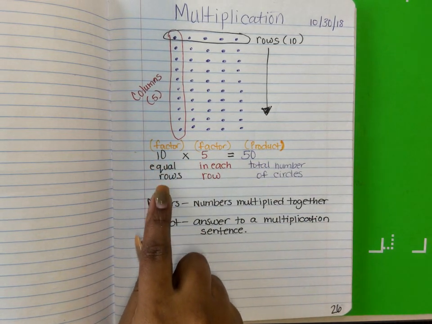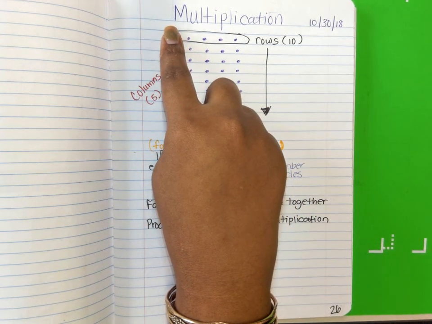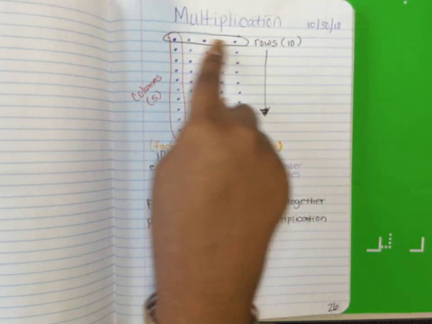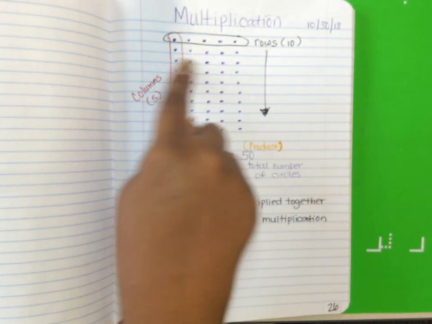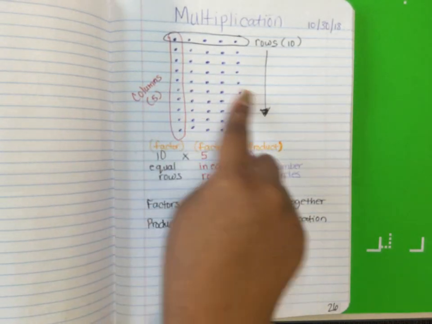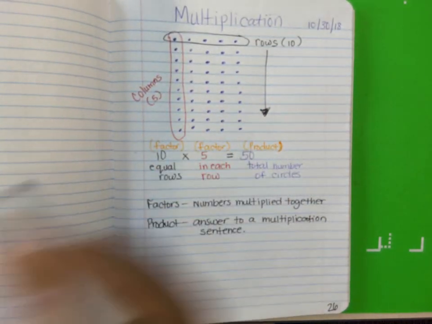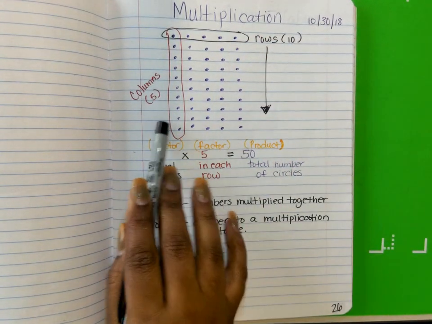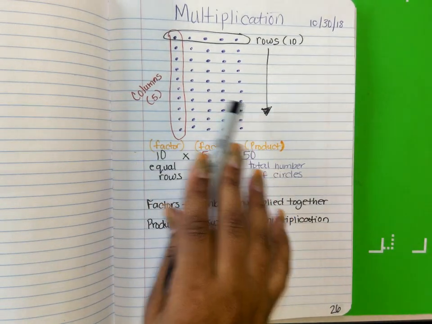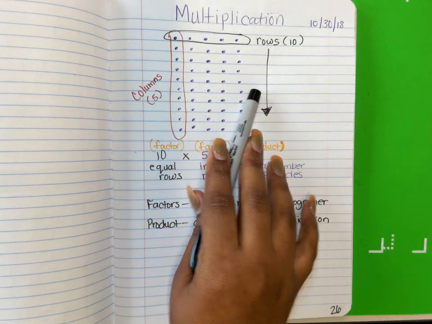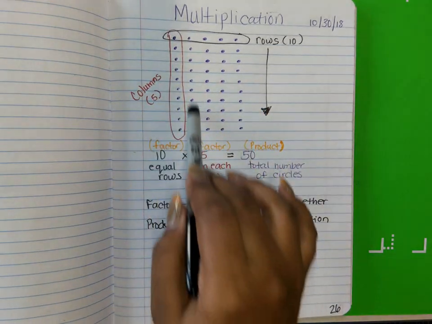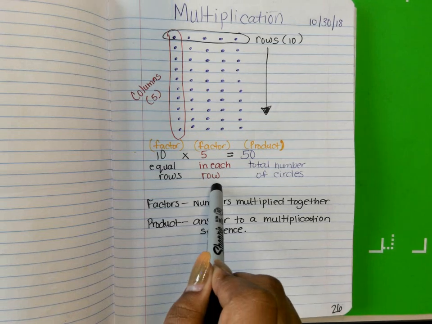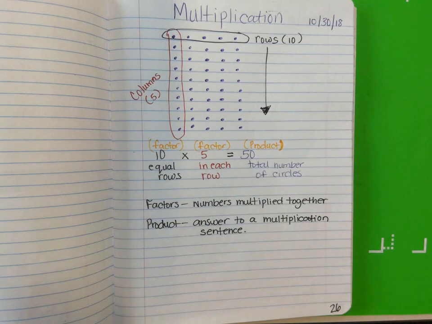I see 10 equal rows, and our rows are going side to side. If you were to count them, 1, 2, 3, 4, 5, 6, 7, 8, 9, 10, and there are 5 in each of the rows. So when I see this array, I have 10 rows and 5 columns: 10 equal rows, 5 in each row, and there are 50 total circles.